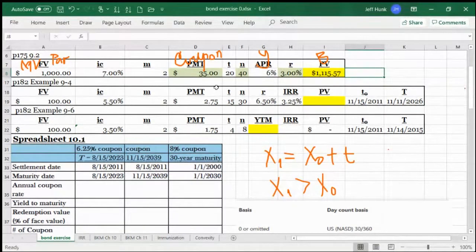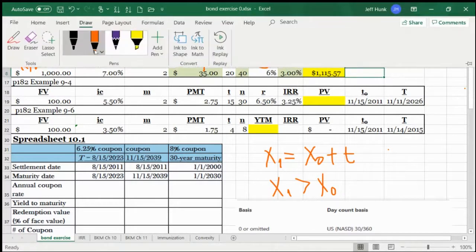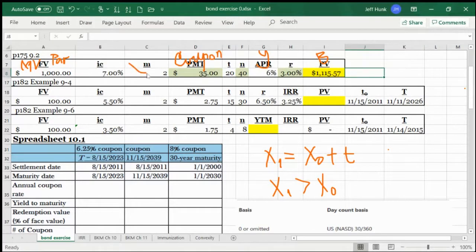Why? Look at the coupon rate. The coupon rate is greater than the prevailing market rate. So you could already tell that this would be a premium bond. That's just one example.